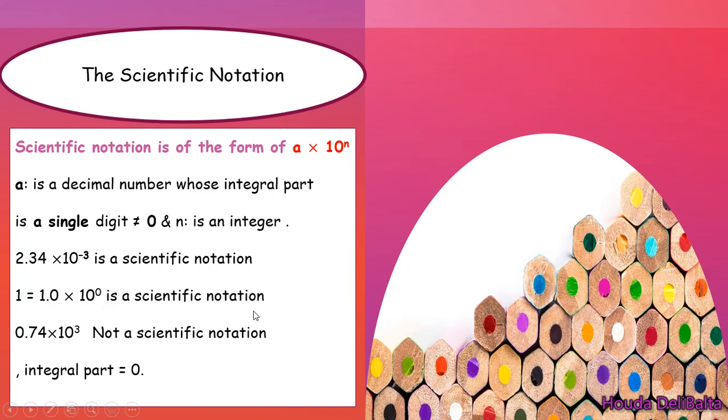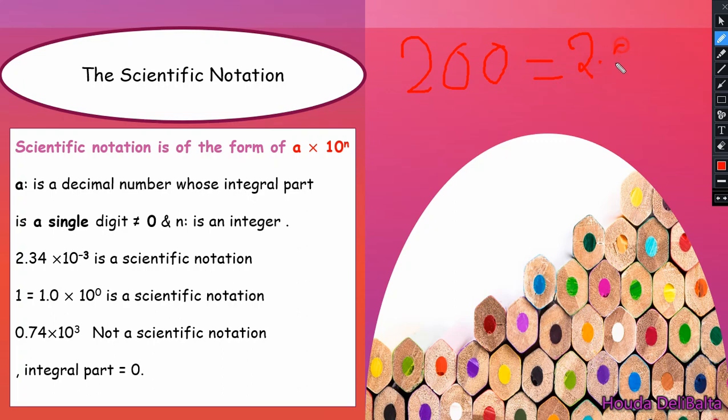For example, if I want to write 200 as a scientific notation, I just write it 2.0 times 10 to the power 2. That's a scientific notation.